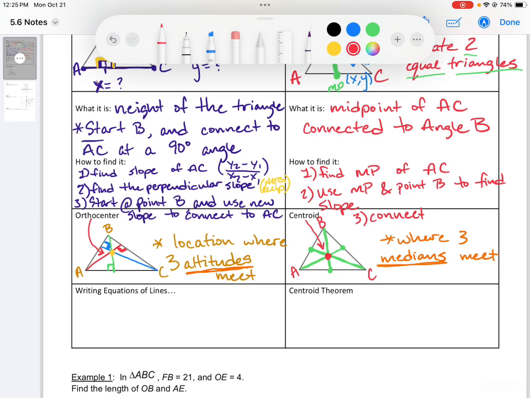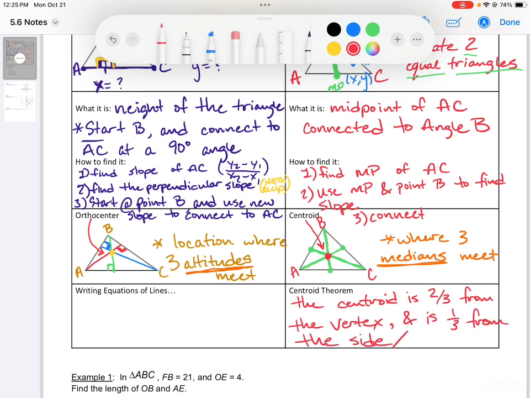There is a theorem that goes along with the centroid, and it is that the centroid is 2/3 from the vertex of the angle and is 1/3 from the side or the line.